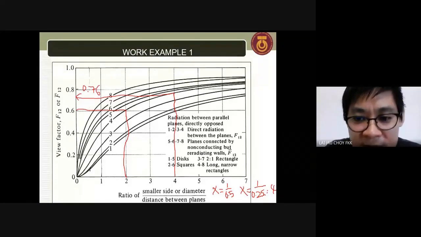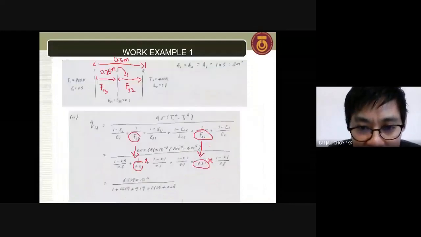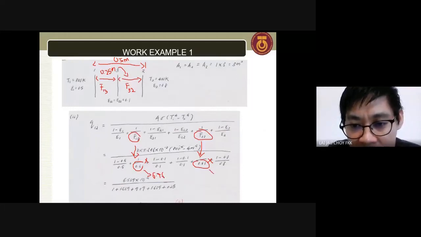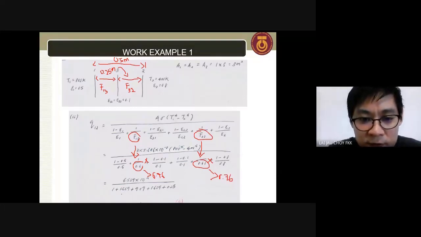So around 0.76. You need to substitute this: instead of 0.61, it should be 0.76. The same goes for this one, 0.76.